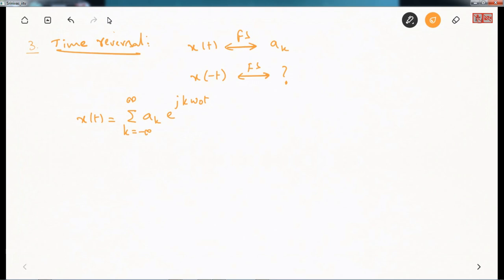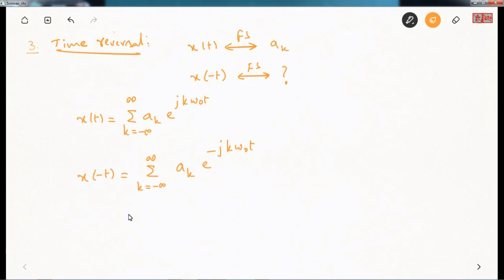And what we want is x of minus t, which is the summation from minus infinity to plus infinity of ak e power jk omega naught into minus t. Right, in place of t, I'm simply putting minus t.